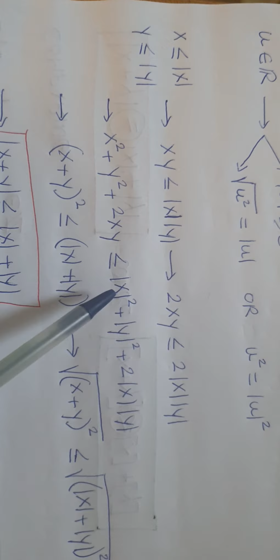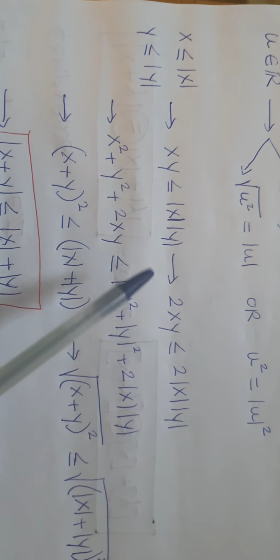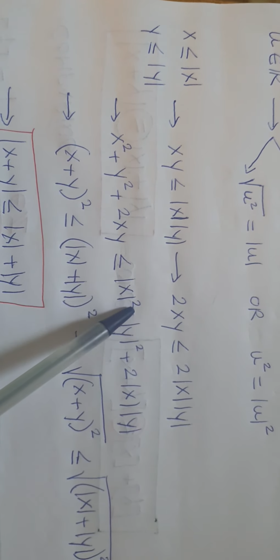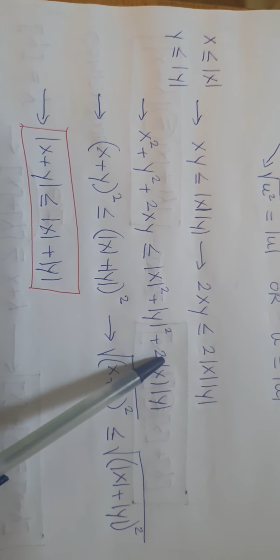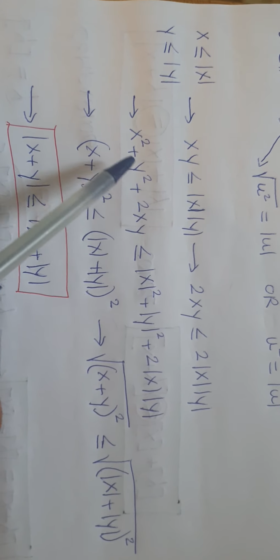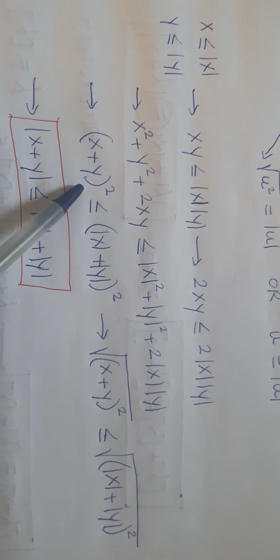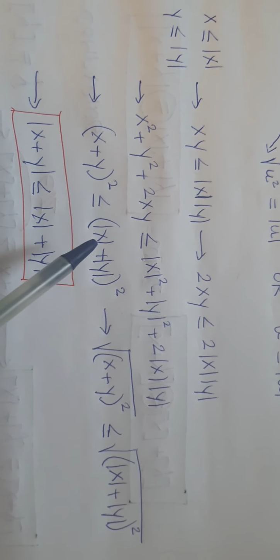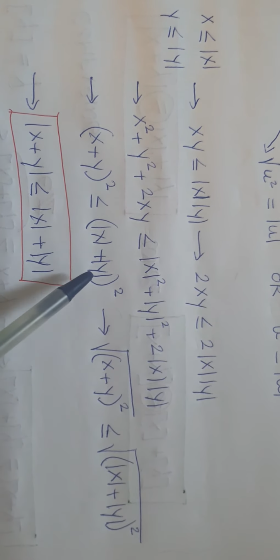And notice here that since x squared is equal to the absolute value of x squared, this is still correct. The left-hand side here is the square of x plus y, and the right-hand side here is the square of the absolute value of x plus the absolute value of y.